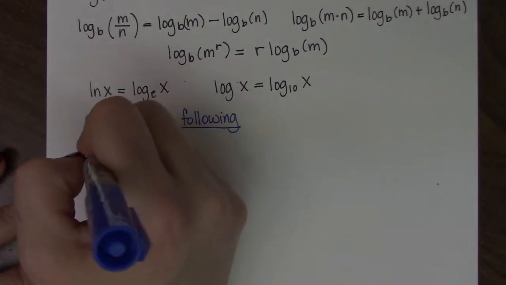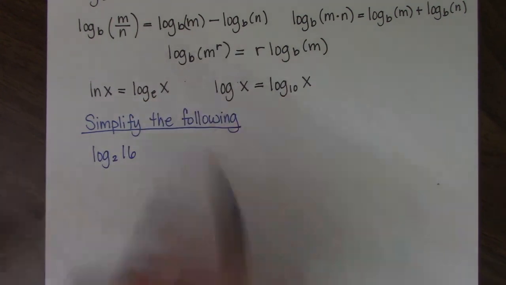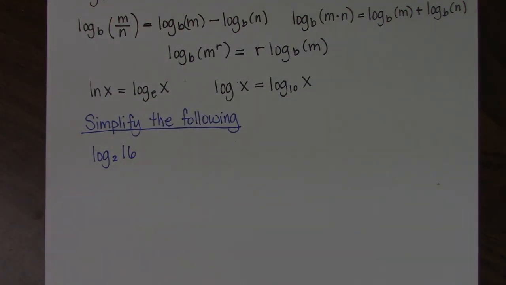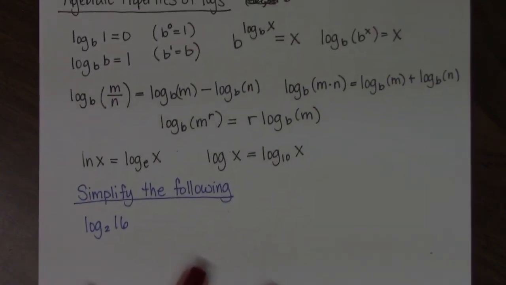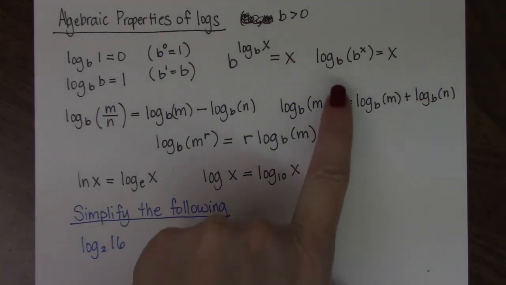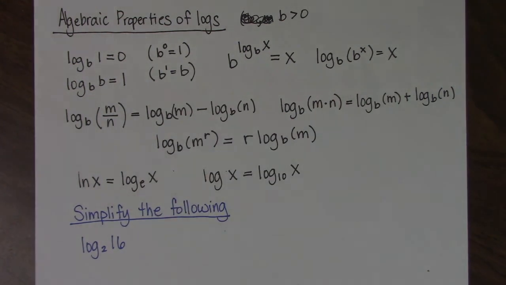So I want to simplify log base 2 of 16. So I actually want to know what this equals. You don't have a log base 2 on your calculator, so you can't even use a calculator to do this. But if I look at the base, if I can find some 2's inside of here, then I know that when you have the log of something with its own base, the exponent comes out.